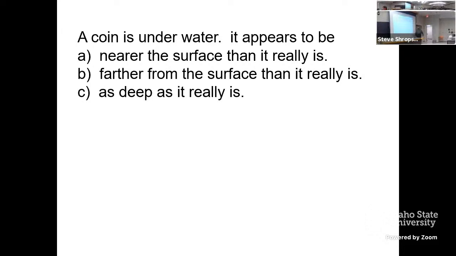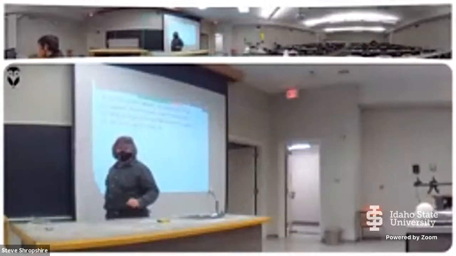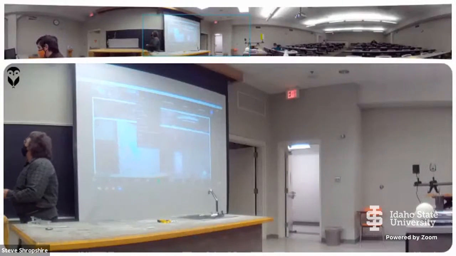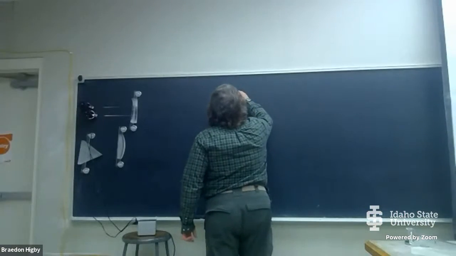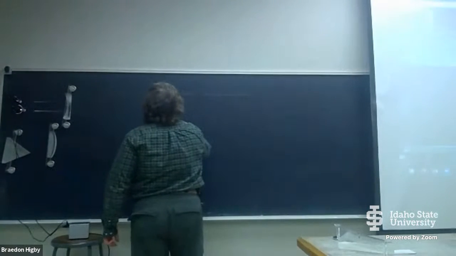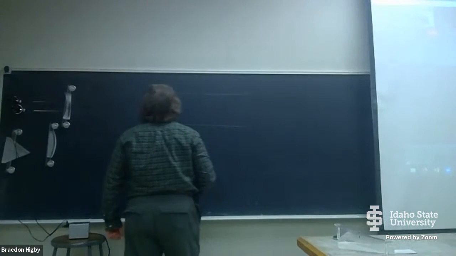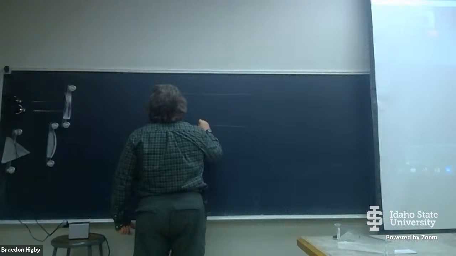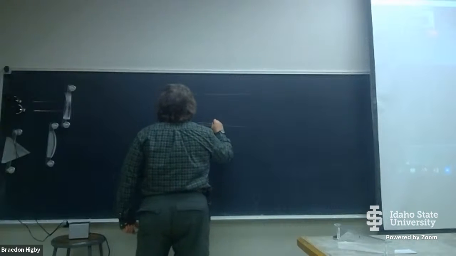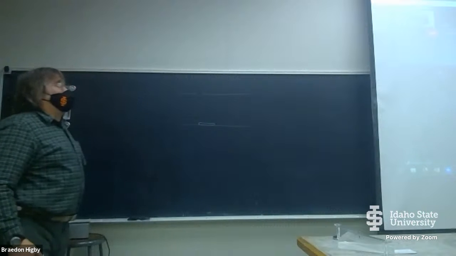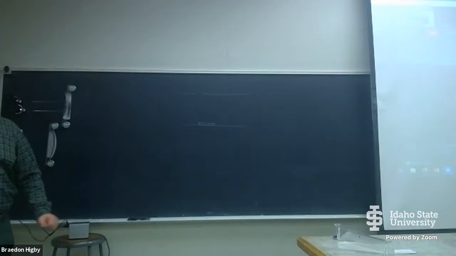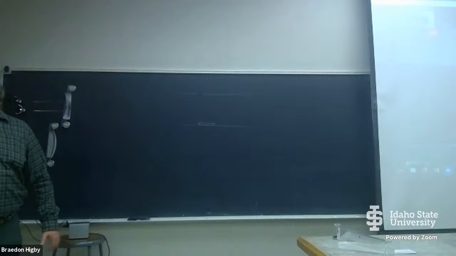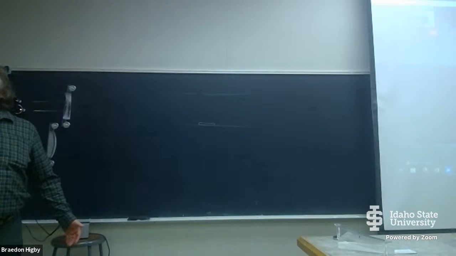But let's draw a ray diagram. So we have, say, water surface. We've got a coin down here. We can draw light rays. Basically, every point on this coin is going to act like a source of light, reflected light.